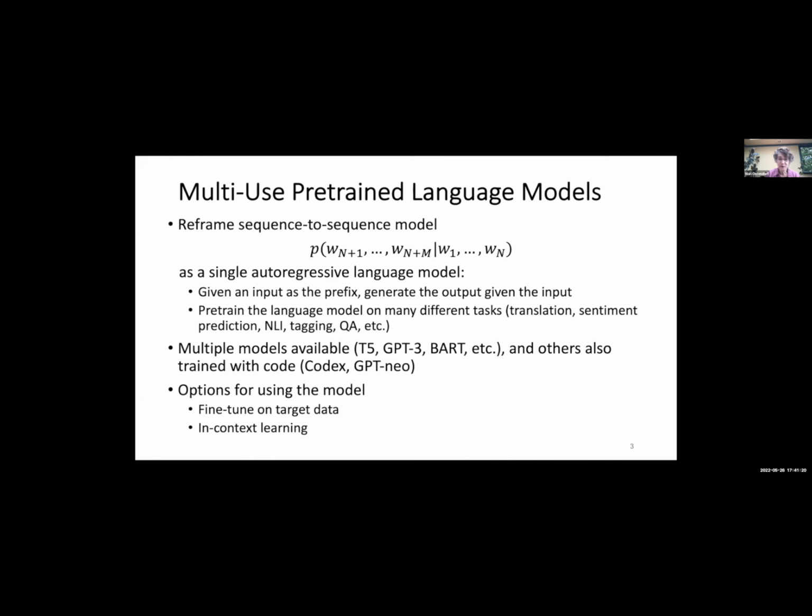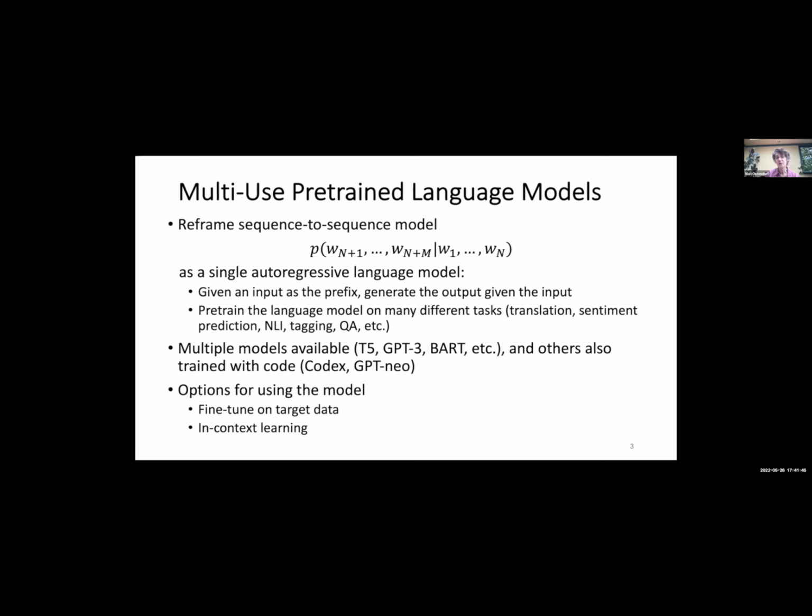And there's a bunch of pre-trained models that you can download that are available. You've heard about some, probably lots of people have mentioned these: T5, GPT-3, BART, et cetera. And then there's others that are trained with code, like Codex. There are a few ways we can use these pre-trained language models.